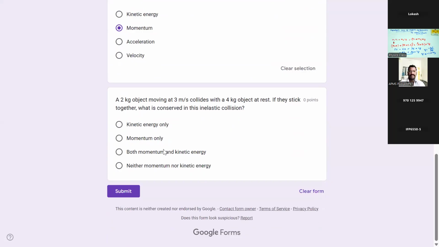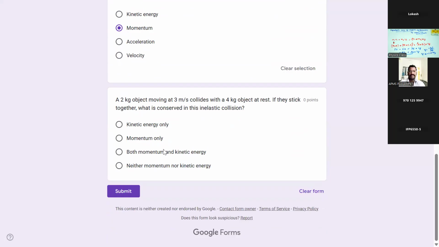For the final question, a 2 kg object moving at 3 meters per second collides with a 4 kg object at rest. So the first object has a mass of 2 kg and moves with a velocity of 3 meters per second. The second object has a mass of 4 kg, but it is at rest.